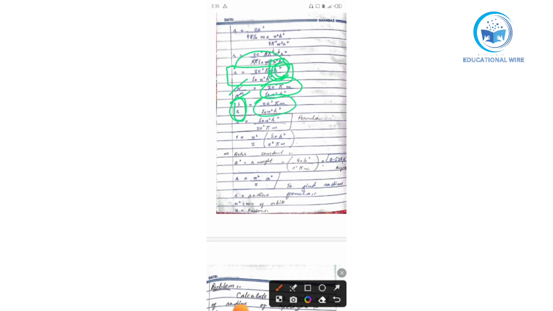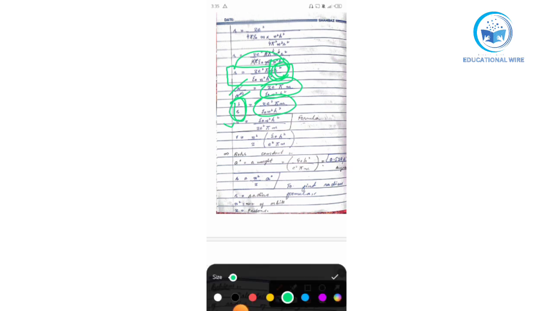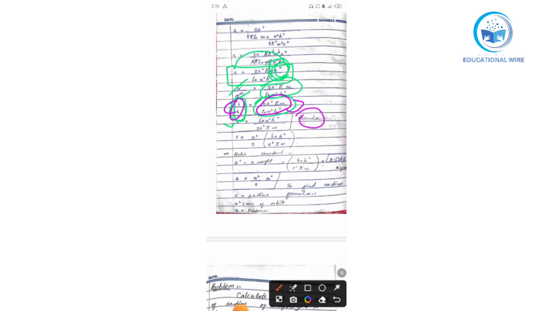After that we did the inverse of r, so the other value also inverses. Let me show. This value has inverted because of 1 upon r. So we have the formula r is equal to epsilon naught n square h square upon z square pi m.